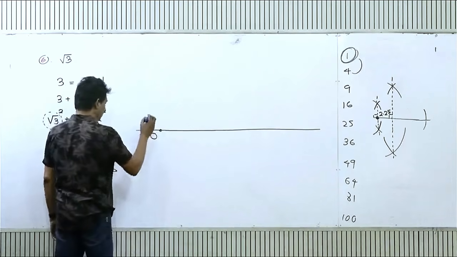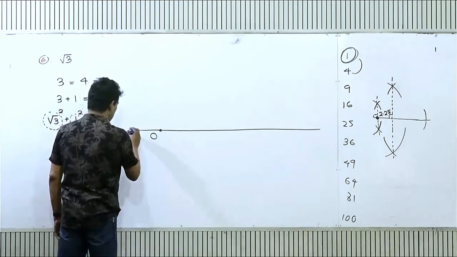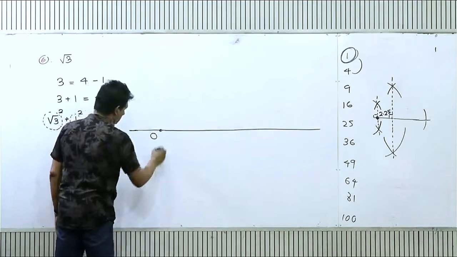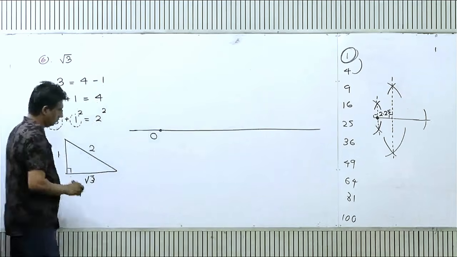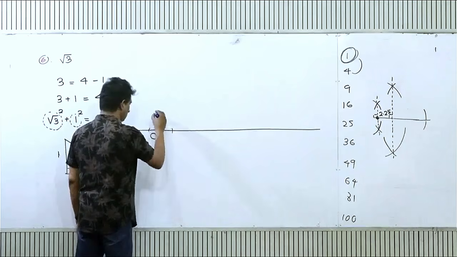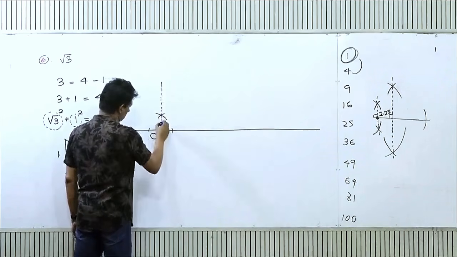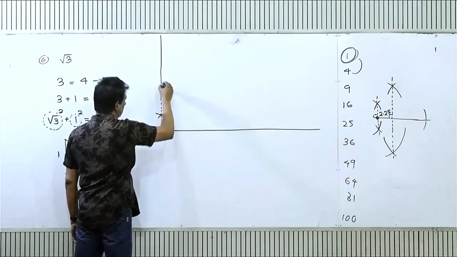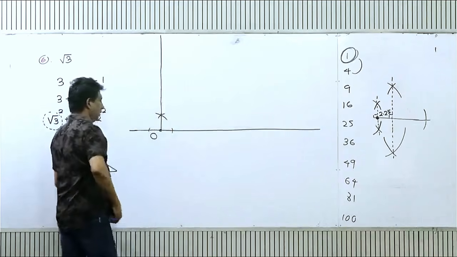Then we have to make a perpendicular to this point. We just mark like that. This is the perpendicular.